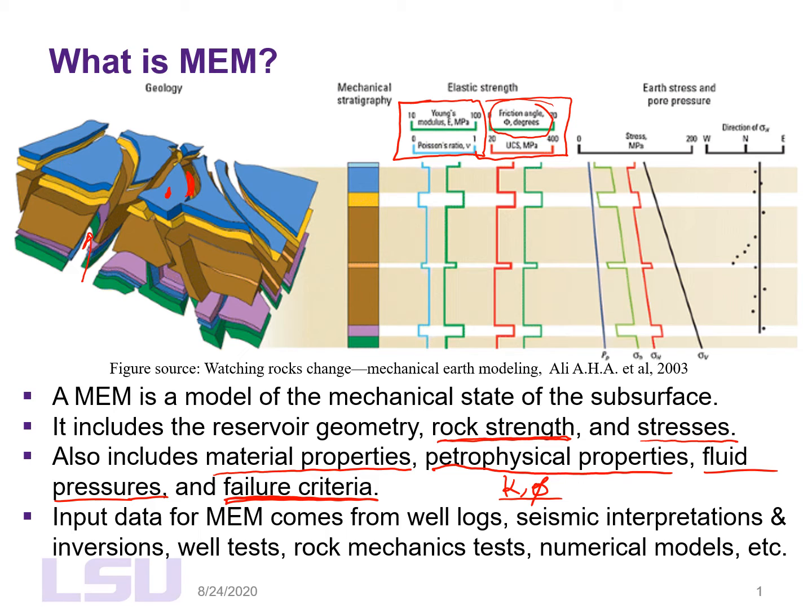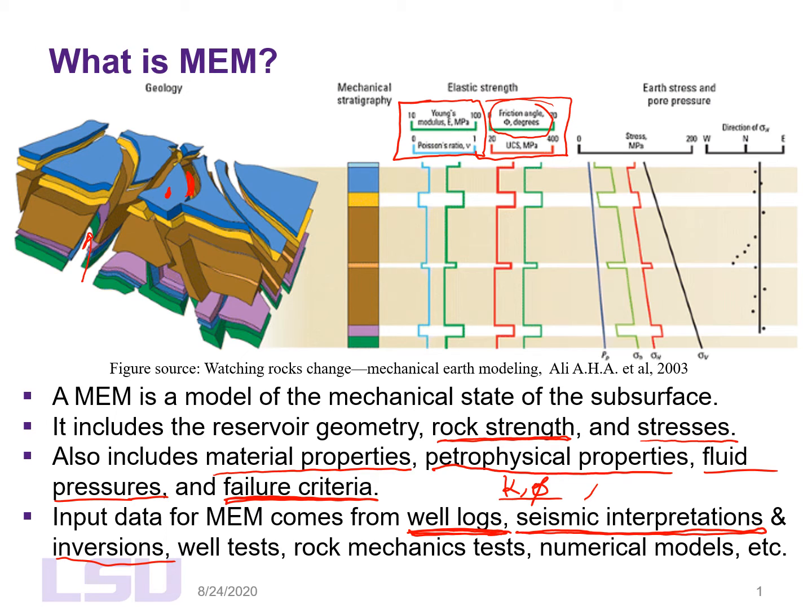The input to come up with this mechanical earth model could come from well logs. We'll work on a real example from the Volve field in the North Sea. Input data could come from seismic interpretations and seismic inversions.